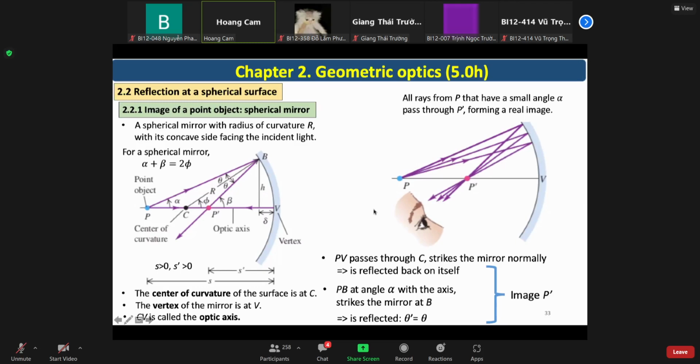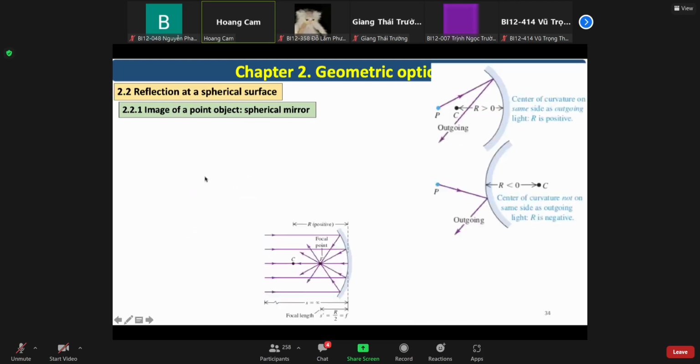It is the first case. So we have alpha plus beta equal to 2 phi, and you can deduce 1 over s plus 1 over s prime equals 2 over r. You can do the mathematical transformation later at home to prove the object-image relationship. What we are doing in geometric optics is always this.